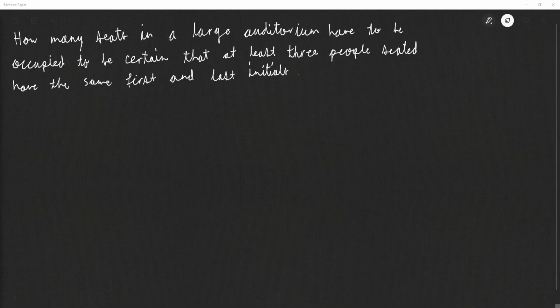So now we have our first question, which is how many seats in a large auditorium have to be occupied to be certain that at least 3 people seated have the same first and last initials. To break it down, we need to start by finding the total combinations of initials. We know that there's 26 letters in the alphabet, so there's 26 possible first initials, and you're going to have 26 possible last initials.